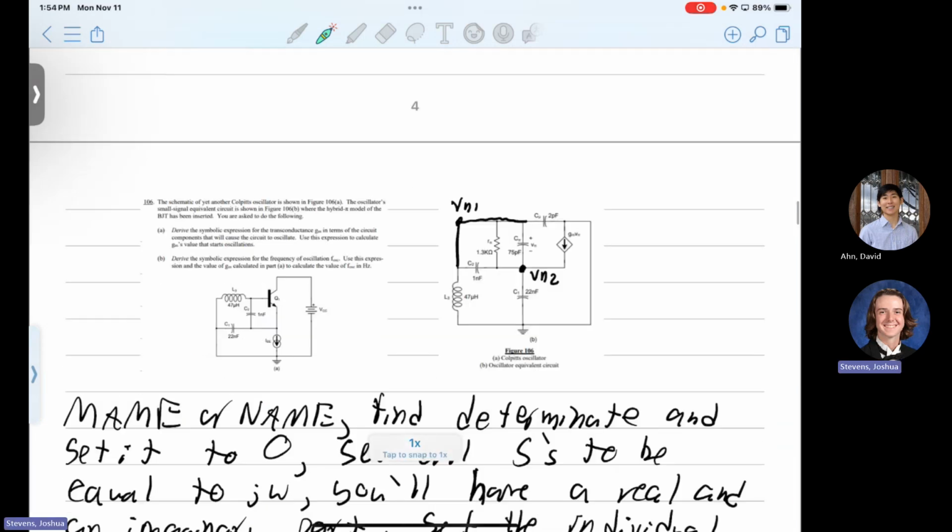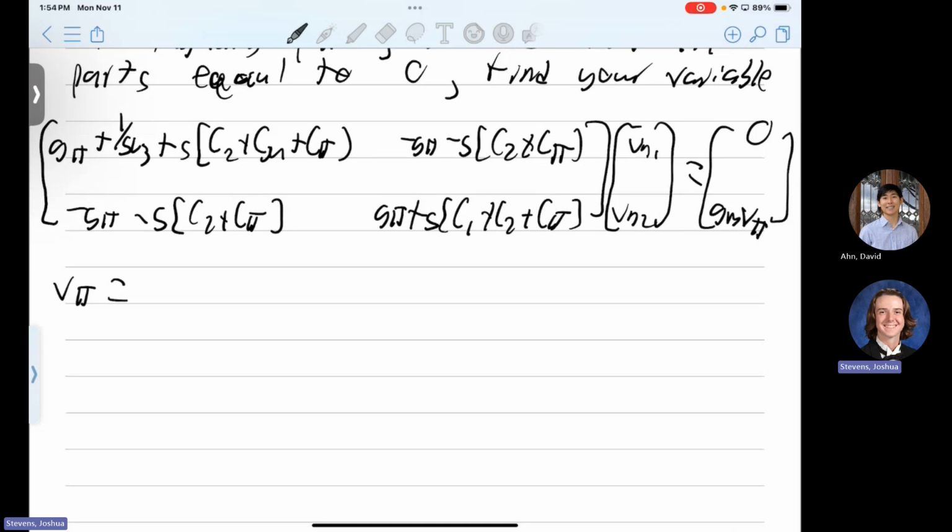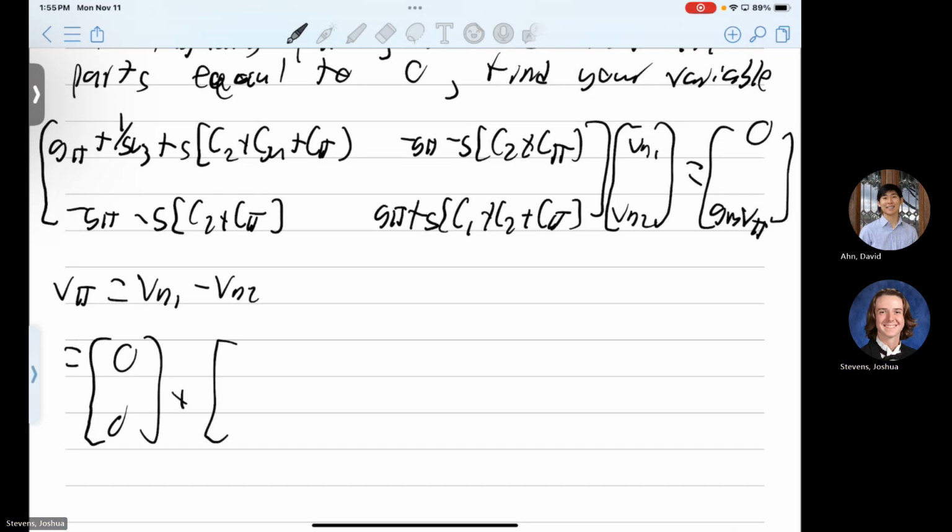So I'm going to write that down. V pi equals VN1 minus VN2. So if I write that out, we then have 0, 0, GM, negative GM, times VN1, VN2.